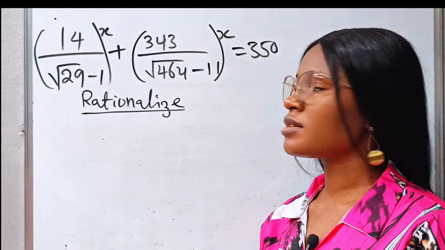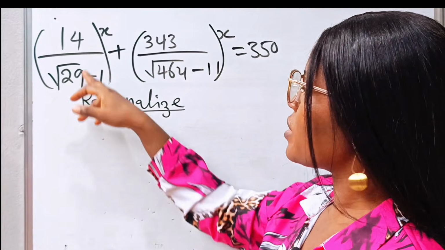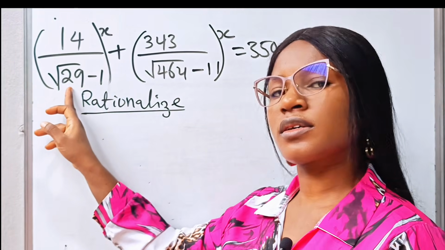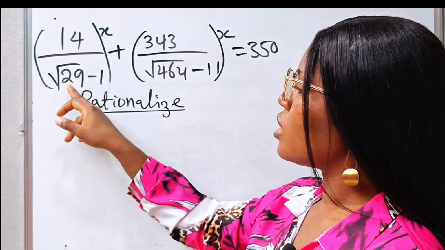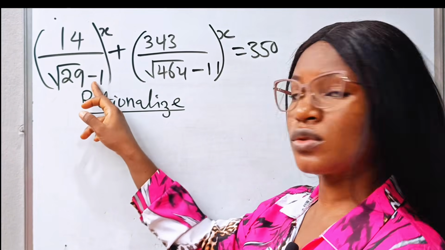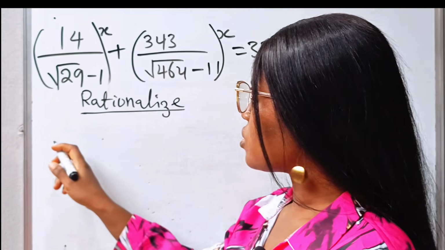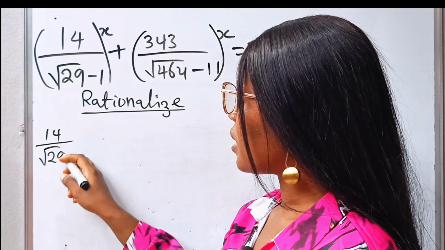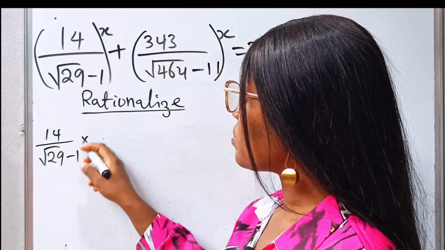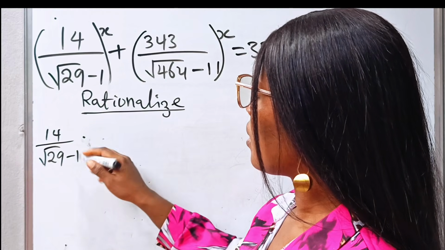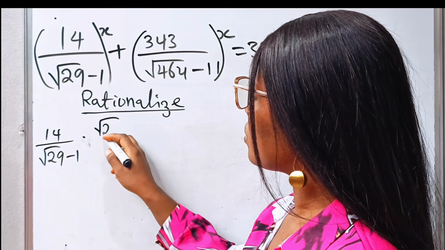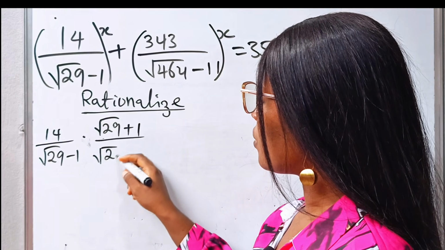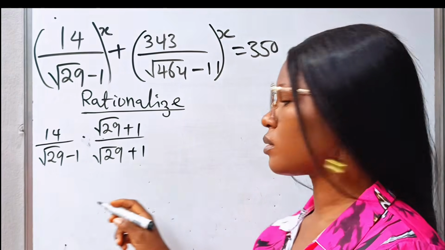So let's rationalize. To rationalize, we multiply the numerator and the denominator by the conjugate of the denominator. Now, the conjugate of this denominator is root 29 plus 1. All right. So we have 14 over root 29 minus 1 multiplied by root 29 plus 1 over root 29 plus 1.